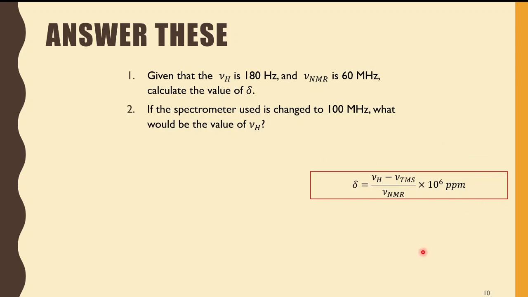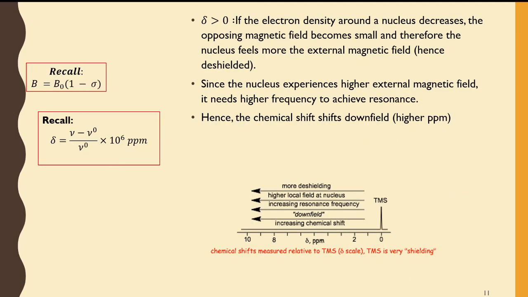Okay, I can actually end the lecture here, but I just want to share some knowledge so that you get a better understanding of this. For a chemical shift larger than 0, that means larger than that of the TMS, if the electron density around a nucleus decreases, the opposing magnetic field becomes small, and so you feel more of the external field.